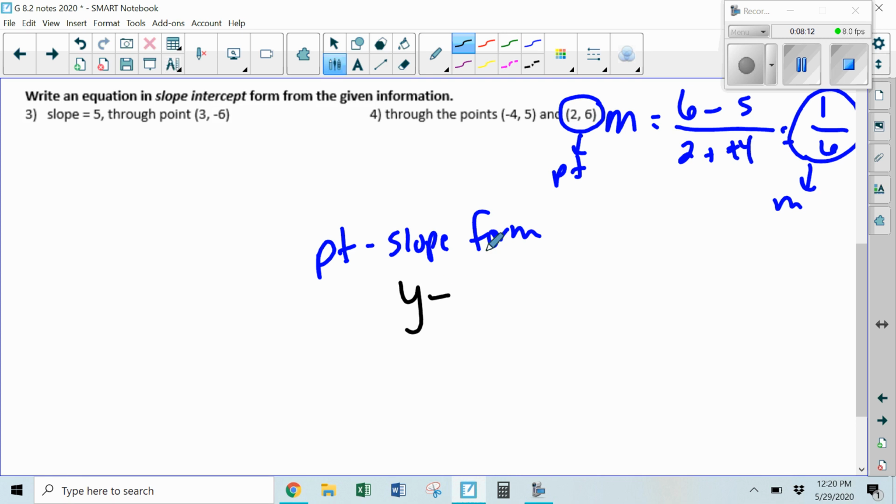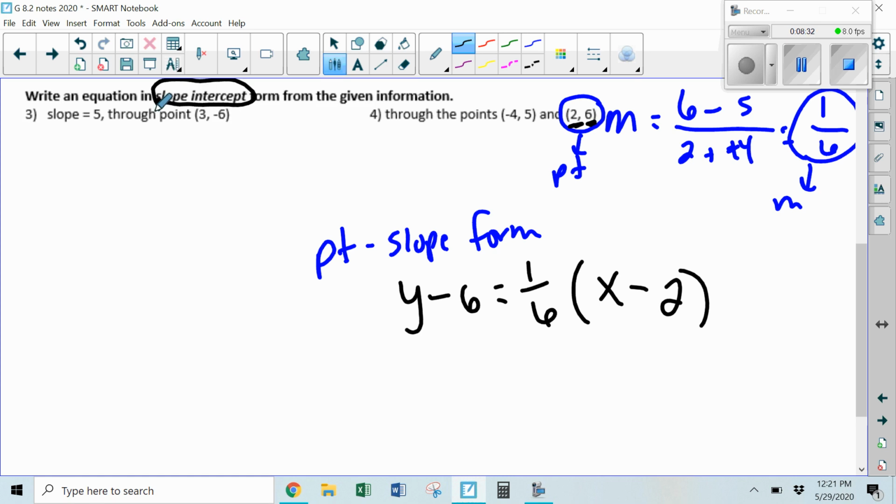Y minus y equals m, x minus x. Now that it's in a form, now I can get y by itself to follow the directions of putting my final answer in slope intercept form.